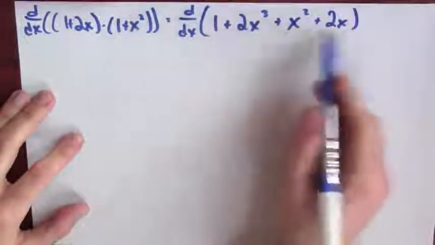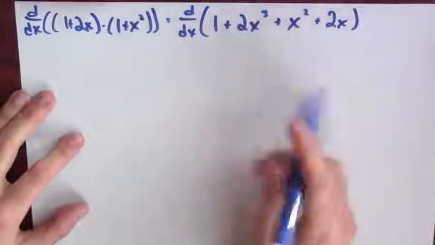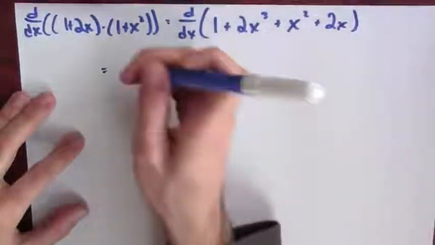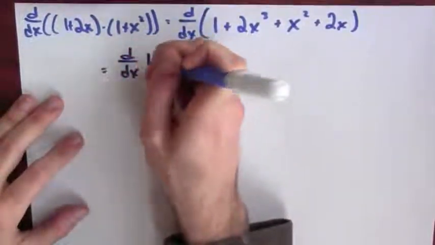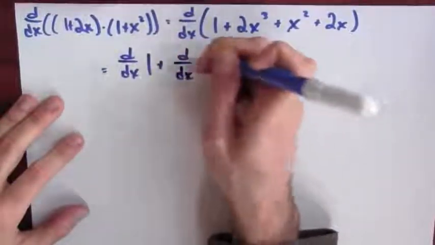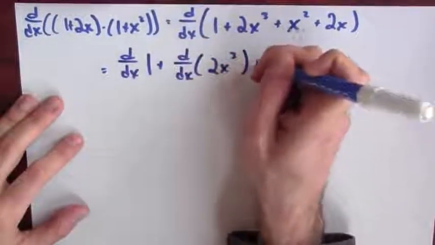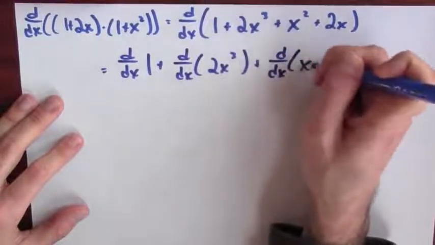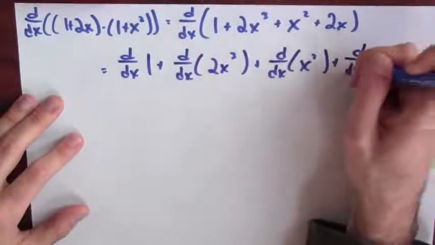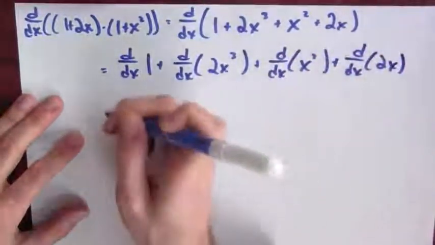So now I could differentiate this without using the product rule, right? This is the derivative of a big sum, so it's the sum of the derivatives. The derivative of 1, the derivative of 2x cubed, the derivative of x squared, and the derivative of 2x.